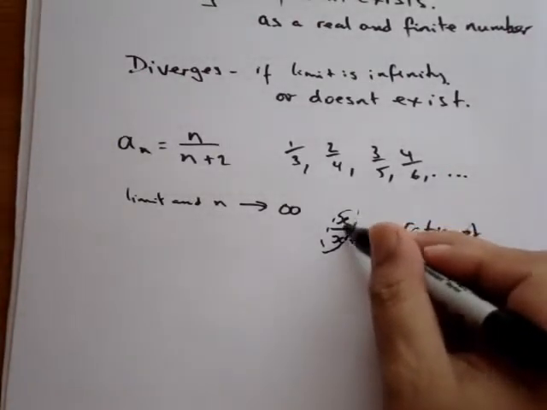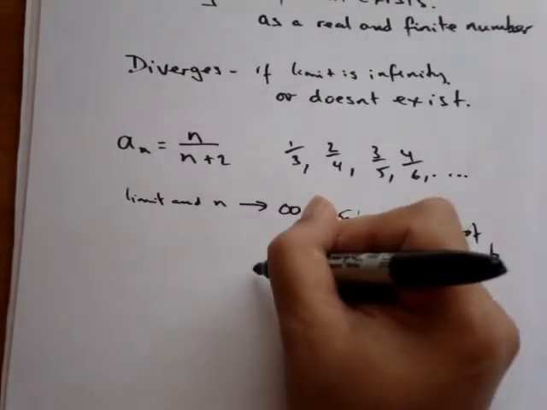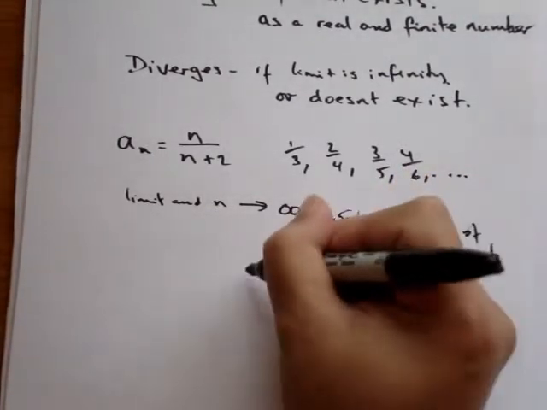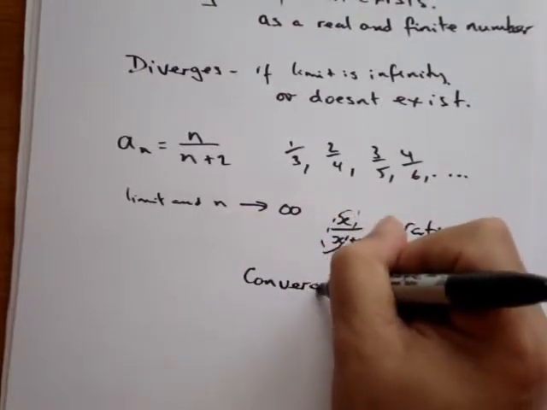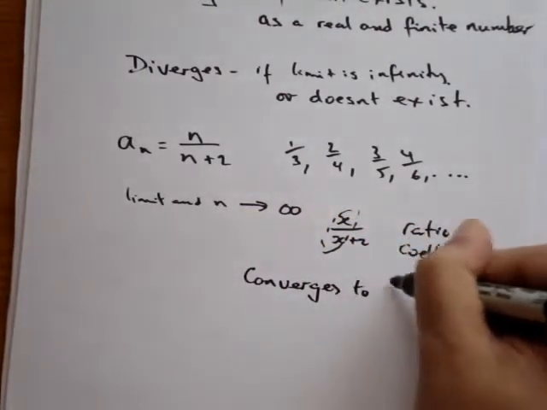And as these two get infinitely large, this becomes 1, so the sequence converges to 1.